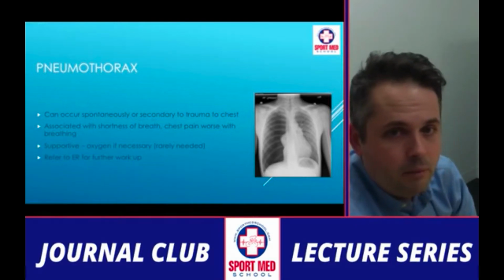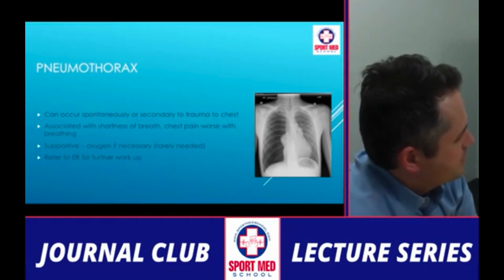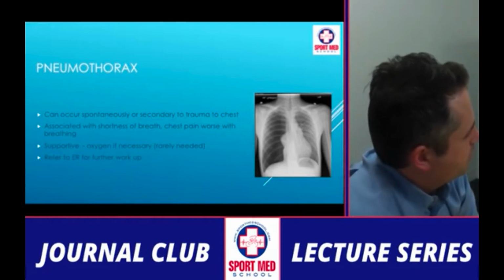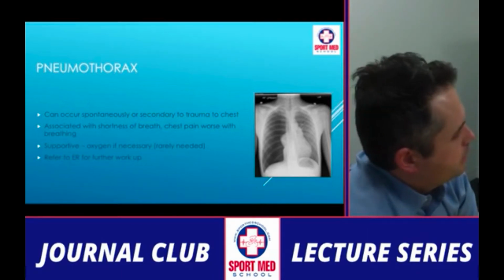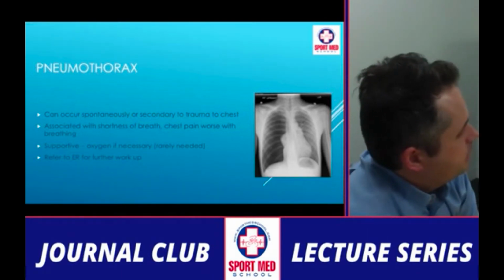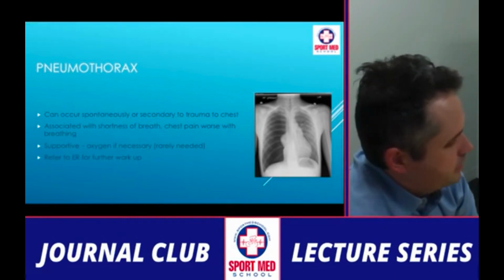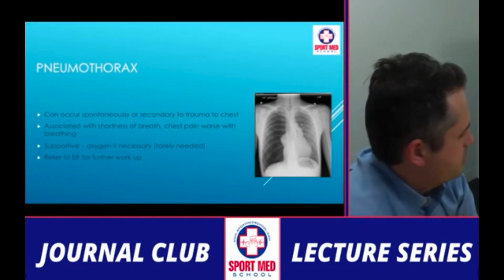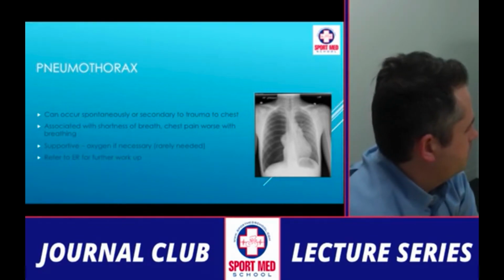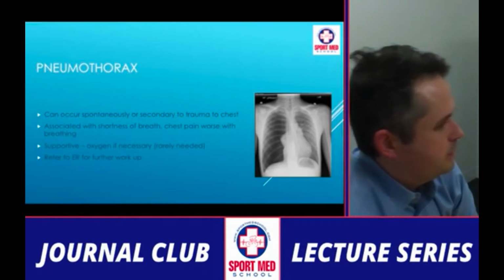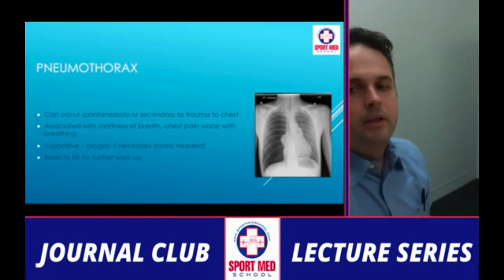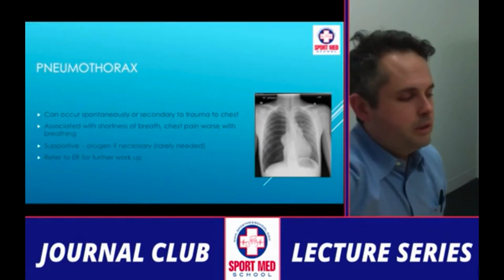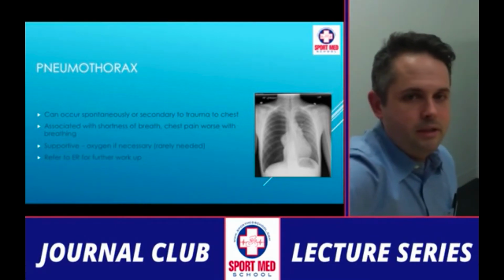So recognizing, as you're assessing, that things are not going as well as you would hope, getting some information like an O2 sat, noticing that the breath sounds are decreased, and activating that emergency action plan allows that player to get the definitive treatment that they need. Regardless of whether you know what type of pneumothorax it is, there are ways of taking a look clinically, but that's important. So I think that's an important thing to keep in mind there.